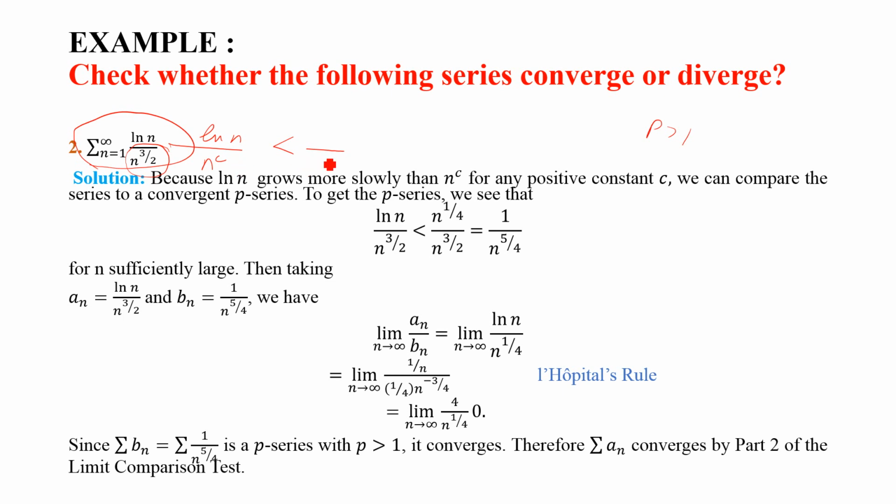Or in the limit comparison test, we know that if an over bn is some constant as n approaches infinity, with the condition that bn is convergent, then we can conclude that series an is also convergent.